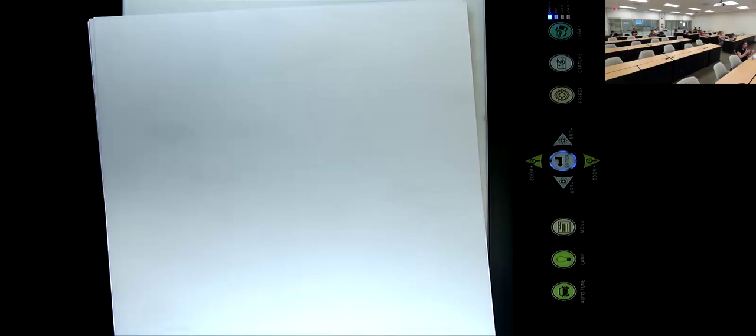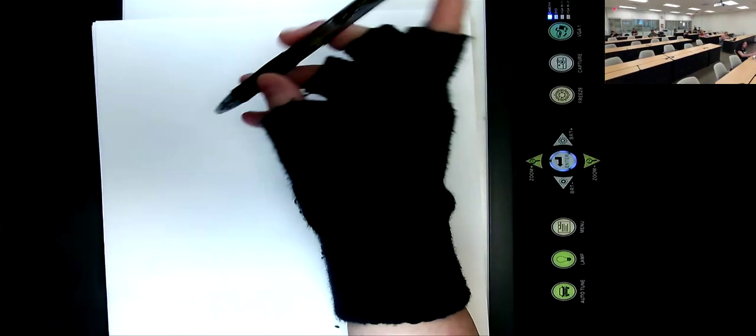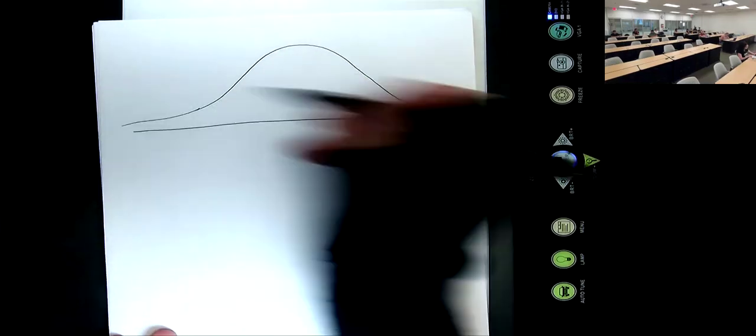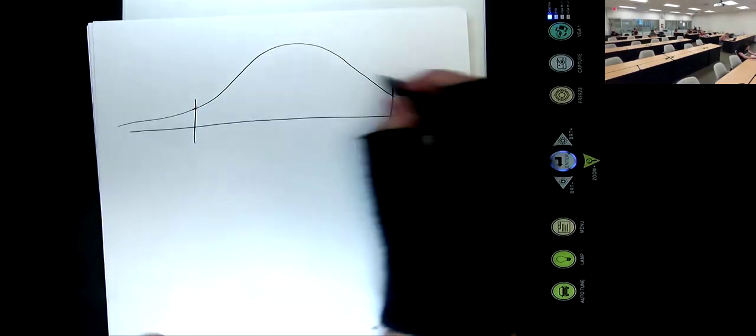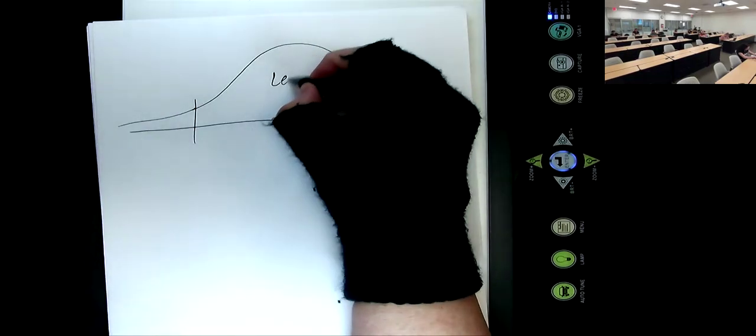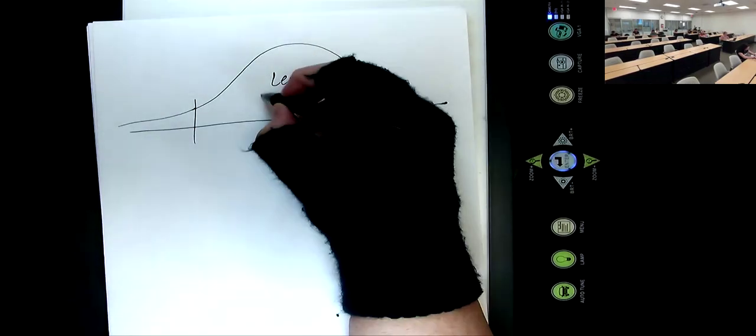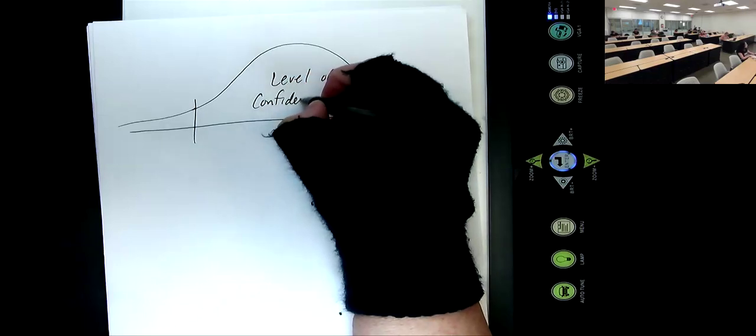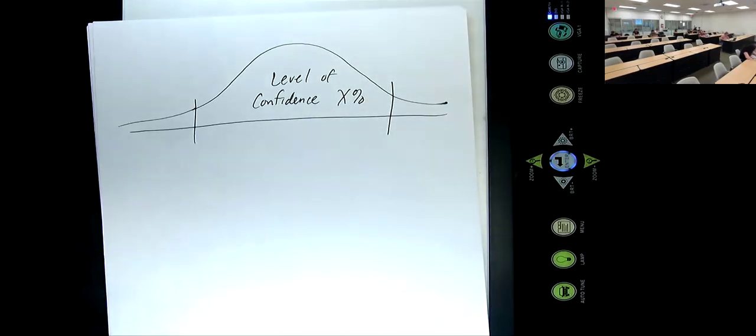Alright, so, hypothesis tests or confidence intervals. In all of them, we're doing some sort of bell curve. And in here is effectively our level of confidence. We'll say X%, so it's not always 95%.